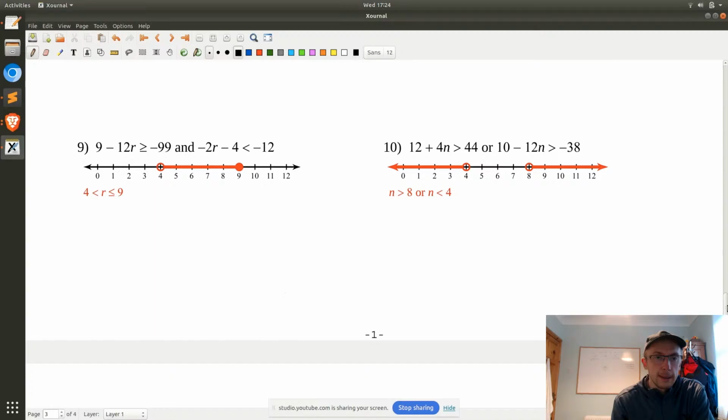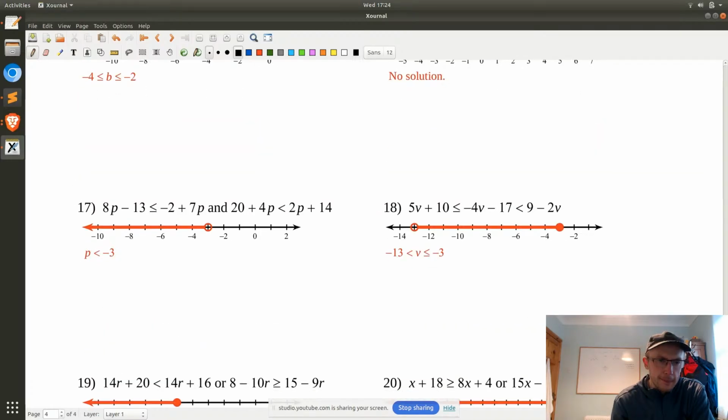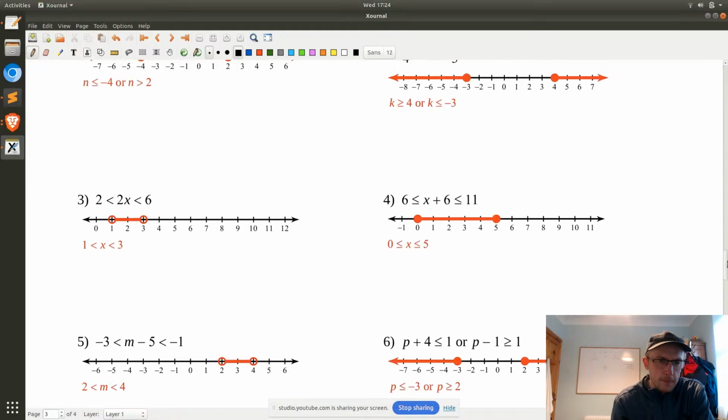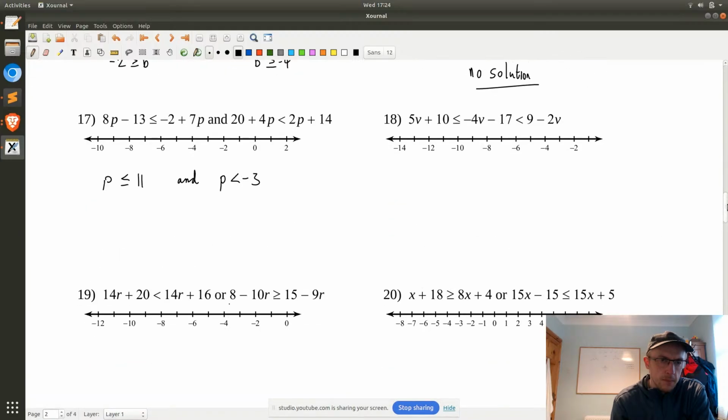I've got to see. Okay, so P is less than or equal to 11, and at the same time, P has to just be less than -3. All right, so it's just all of that. This sort of encompasses all of those solutions. All right, I get it.